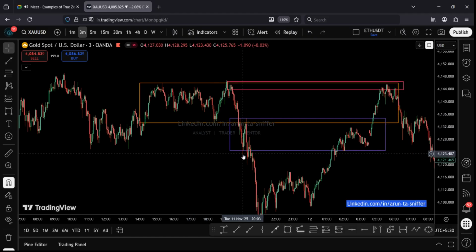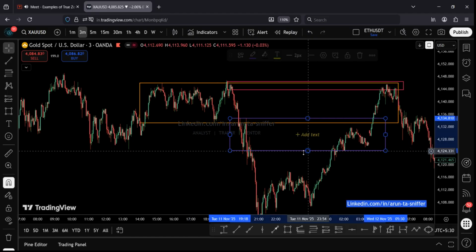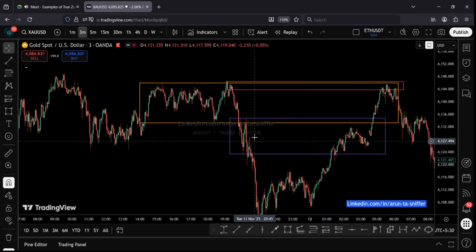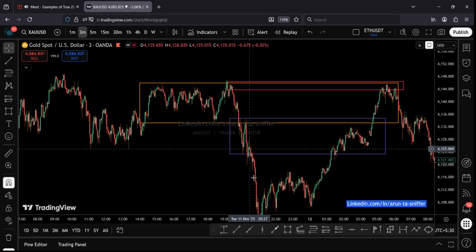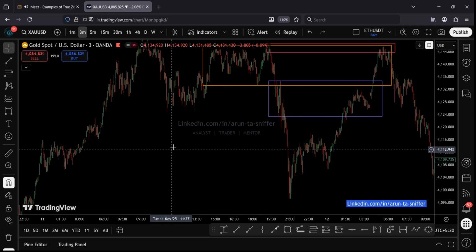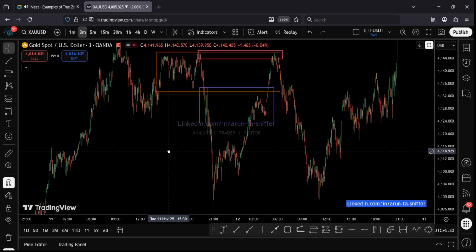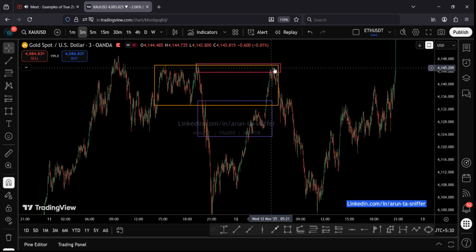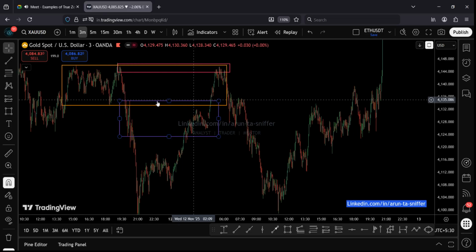This will work as RSFL. That's why when price came down, hit this and came down, right? And when the price reached this TP, what happened? This has engulfed this RS, this RSFL or RS.